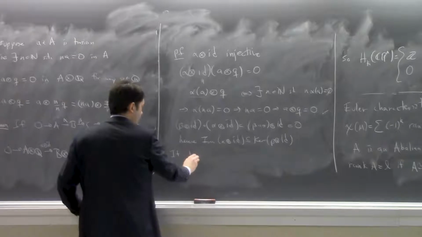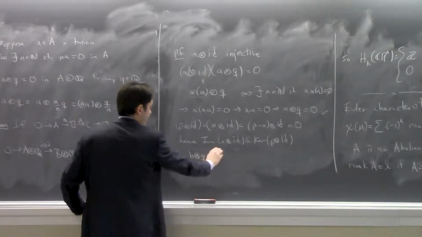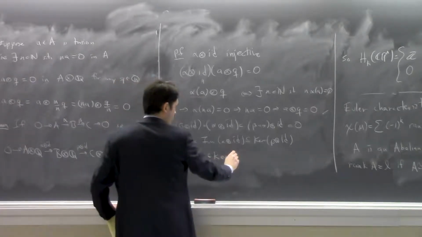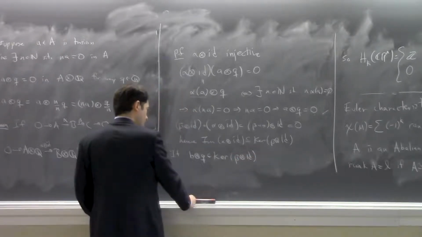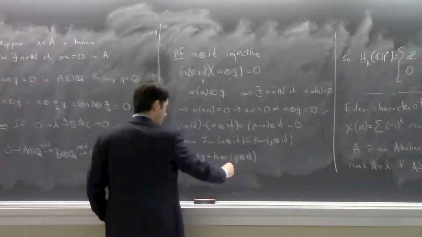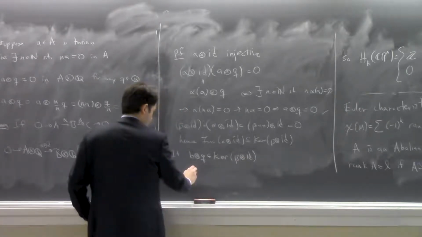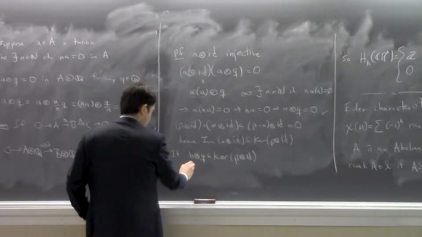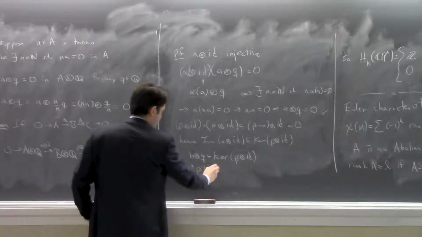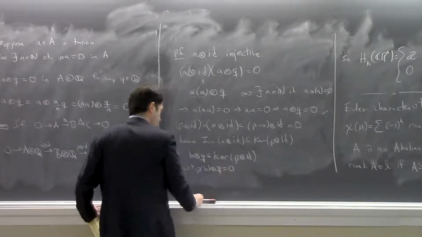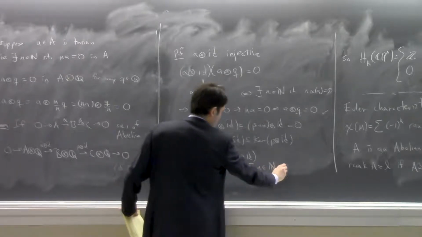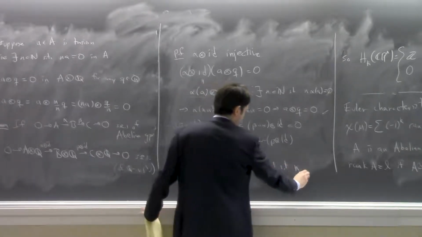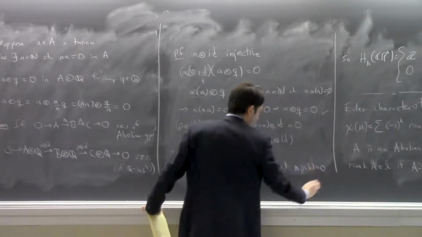So if we have B tensor Q in the kernel of beta tensor the identity, then that's the same as saying that beta of B tensor Q is equal to 0, and that's the same as saying that there is some natural number n such that n beta B is equal to 0.